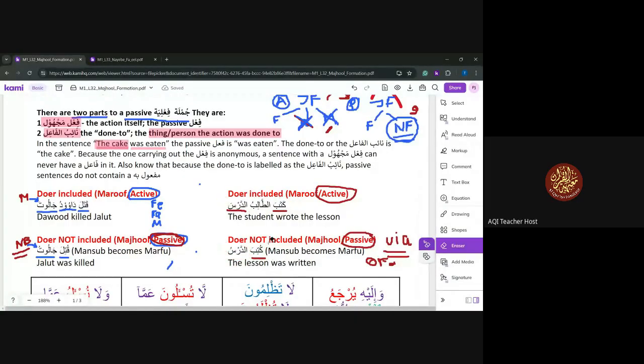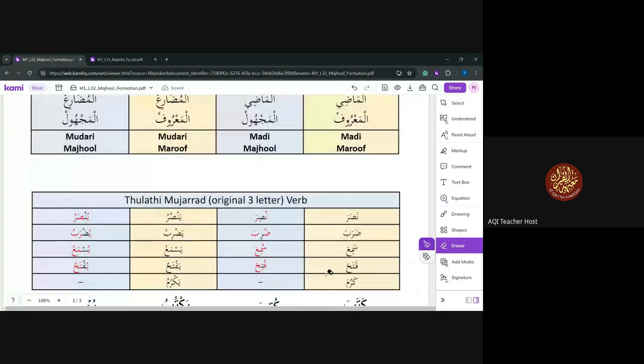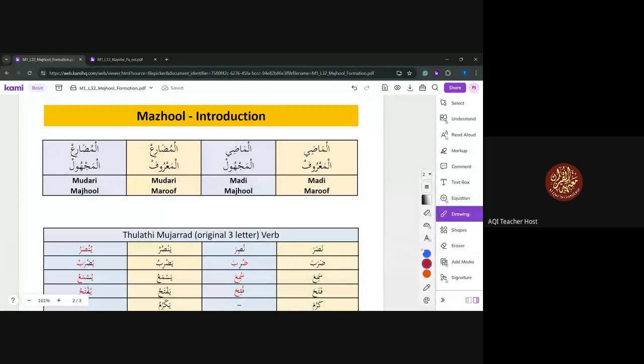Now let's study the pattern, so it will be easy to identify the majhul verbs. Remember that in the previous lessons, we learned about the verbs, and we said there are two types of verbs, right? Madi verbs and Mudari verbs. Till this lesson, we only studied the Maruf verbs. I guess you all know the chart, all 14 damirs already, and I hope that you know how to conjugate the Madi verbs and the Mudari verbs by now.